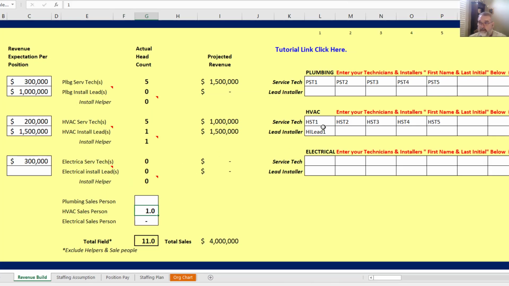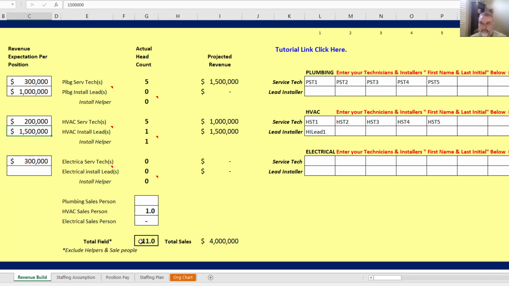So now here's a company that has 5 service technicians and an install crew. They do have a salesman now, and they also now have 5 plumbers. With the assumption of 300,000, it's a $4 million company. 300,000 for the plumbing service tech, 200,000 for an HVAC service tech, and 1.5 million for an installer. That's a $4 million company.